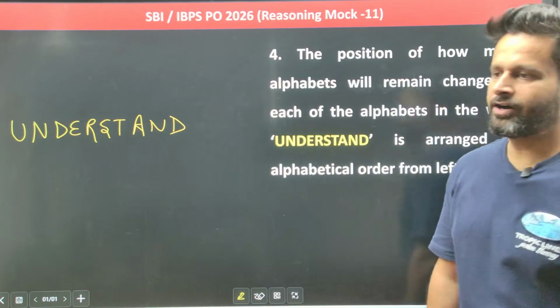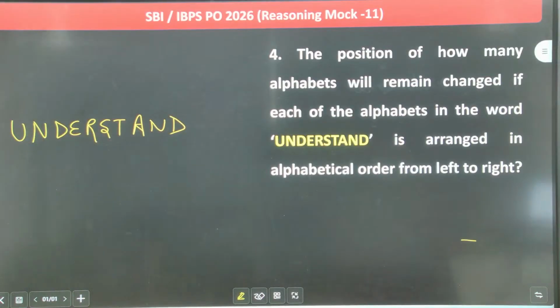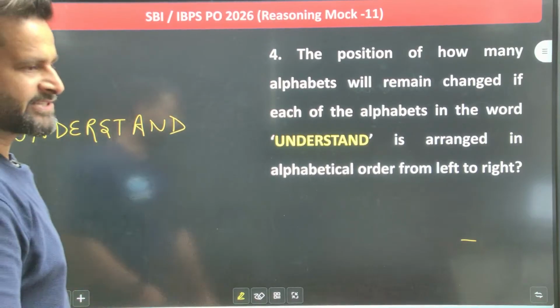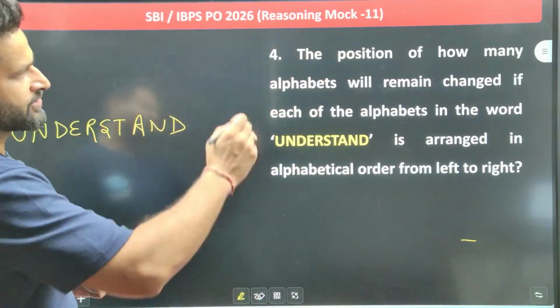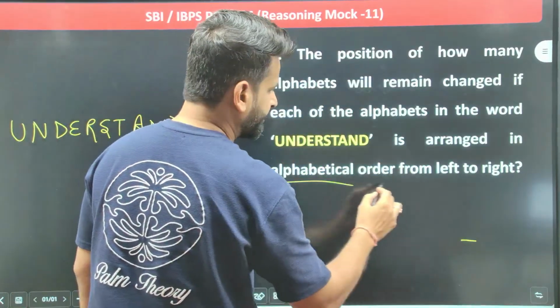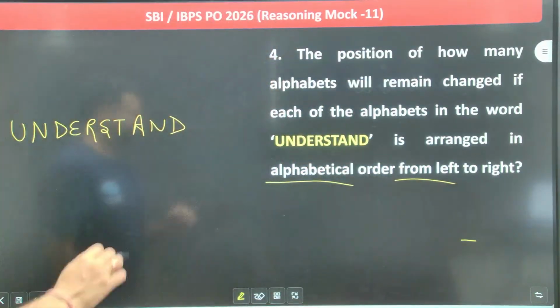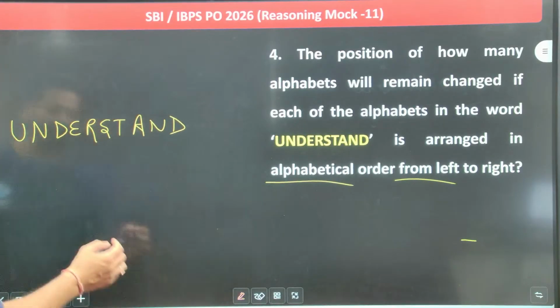The position of how many letters will remain unchanged when the letters are arranged according to this arrangement. Is there any change in the language of the question, Devanshi, or is it the same? Position of how many alphabets will remain arranged in alphabetical order from left to right. Let us first do this. Alphabetical order from left to right.